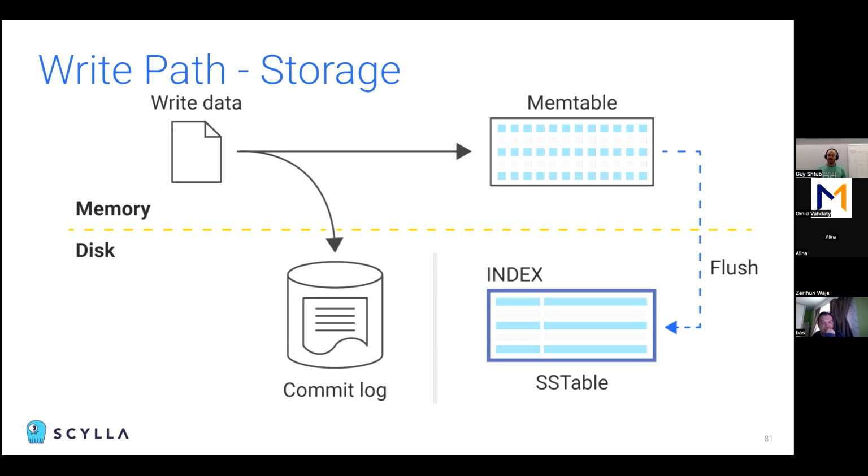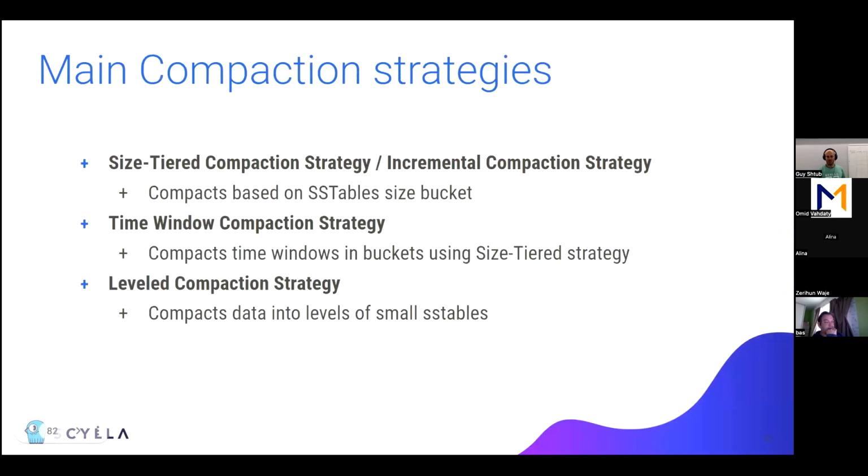The compaction happens once we have a number of SS tables, again, according to the compaction strategy. And here are some examples of compaction strategies that are used. One is size tiered compaction strategy, and that's the default one.